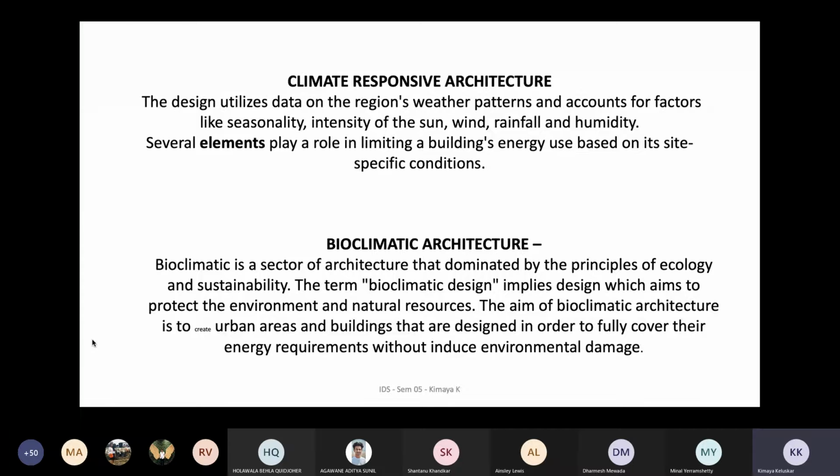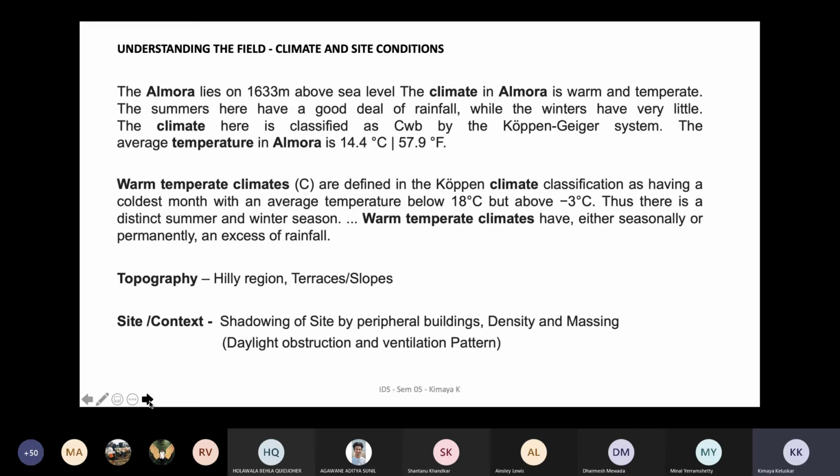It also talks about creating urban areas and buildings that are designed to fulfill all the energy requirements, and also without inducing a lot of environmental damage, or a larger carbon footprint.